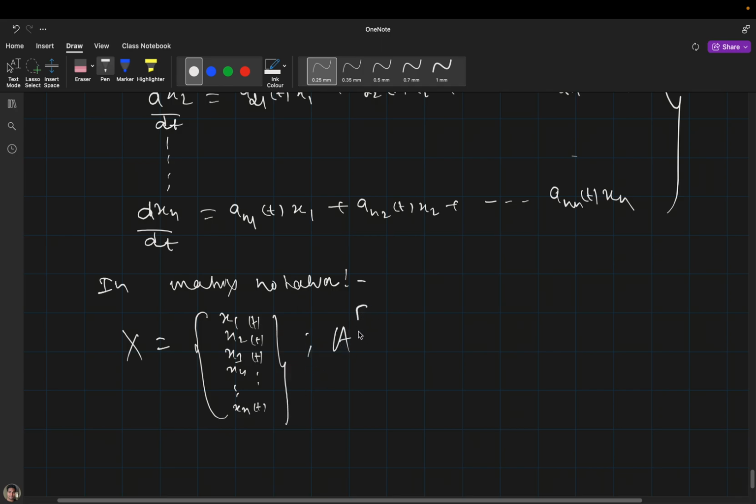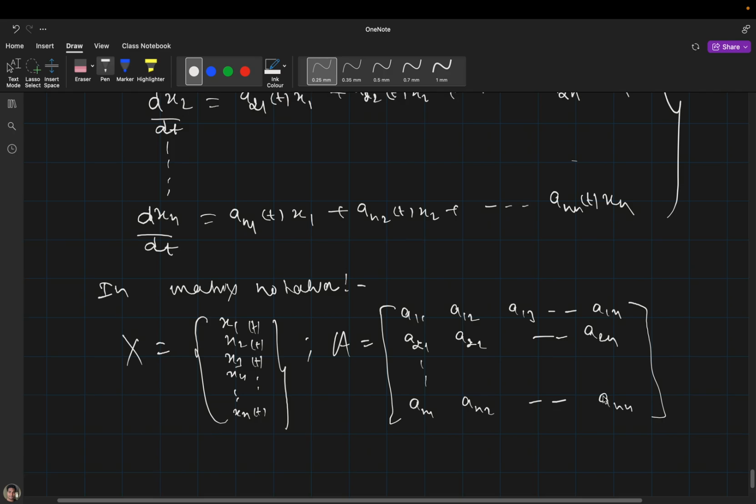And matrix A I will write like this: a11, a12, a13, a1n, a21, a22, a2n, an1, an2, ann.